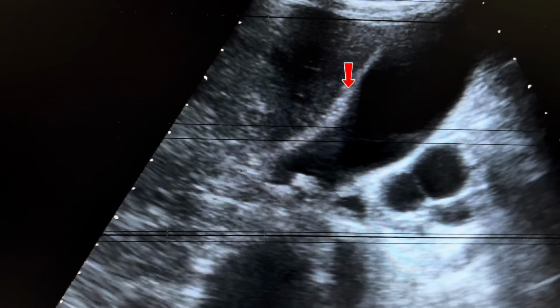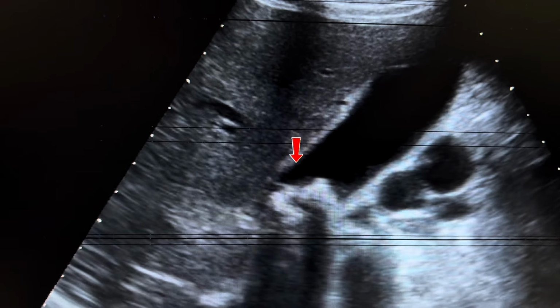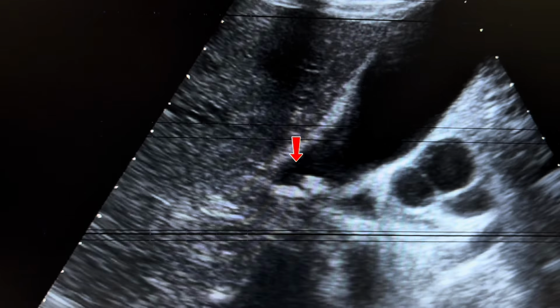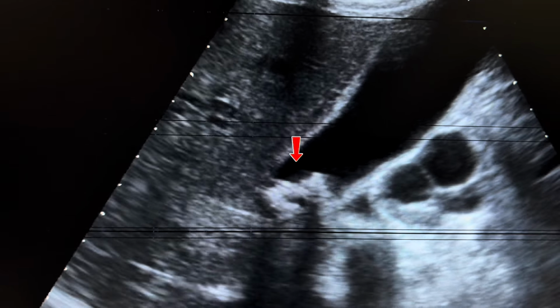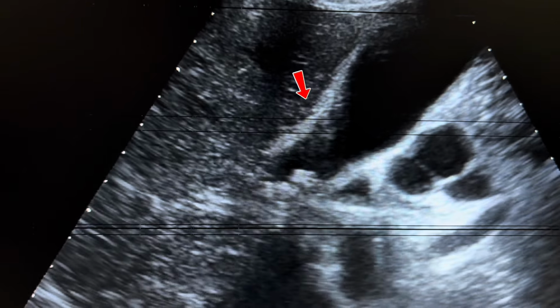Here we see the gallbladder. The gallbladder is full and contains multiple calculi. The wall of the gallbladder appears to be normal.